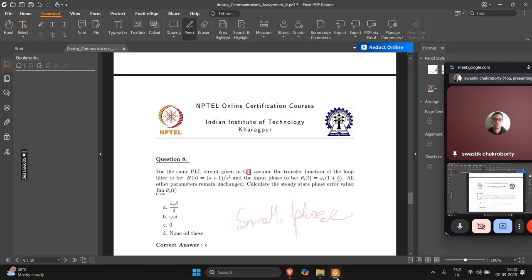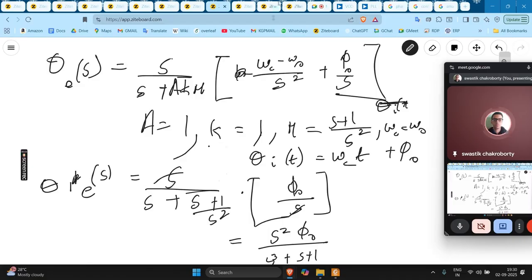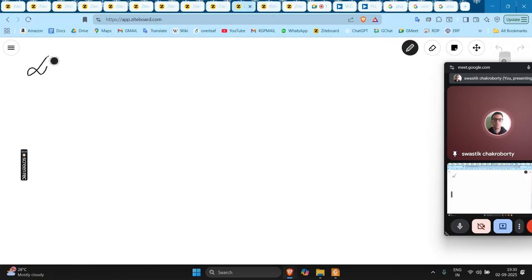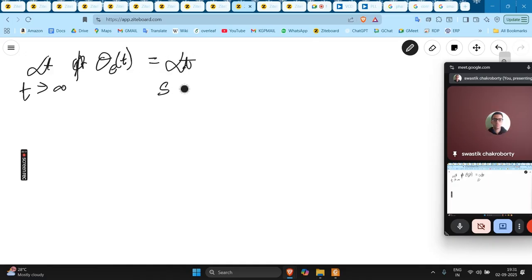Now in this problem we have to find the steady state phase error value using the final value theorem. So limit t tends to infinity, theta e t. The final value theorem is limit s tends to 0 of s theta es.